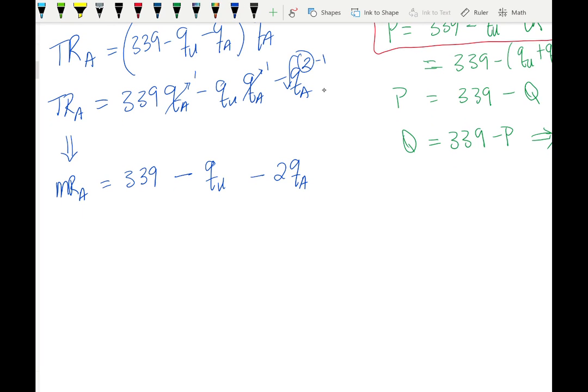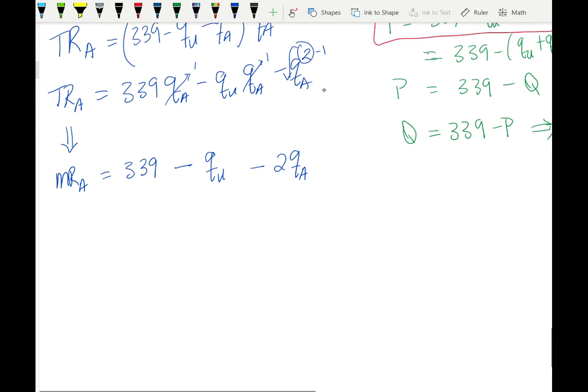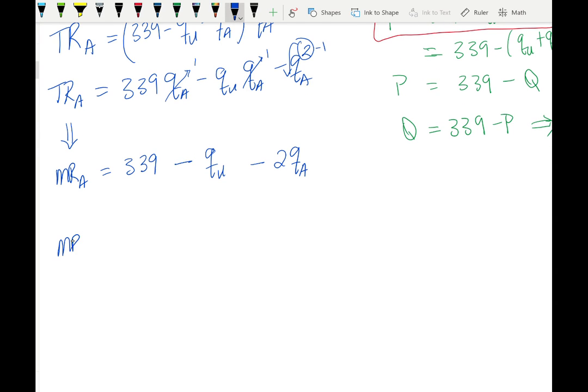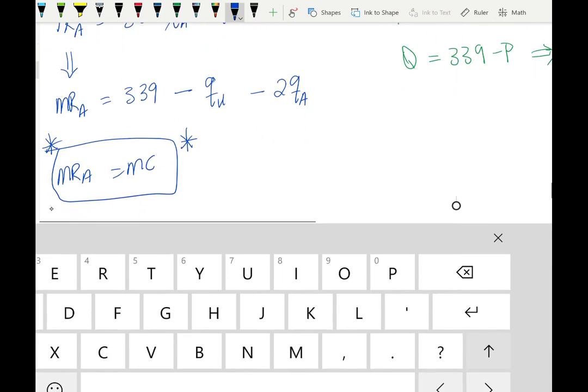Okay, so we have our marginal revenue for A, and we need to set it equal to marginal cost so that we can figure out our optimal choice for American Airlines.